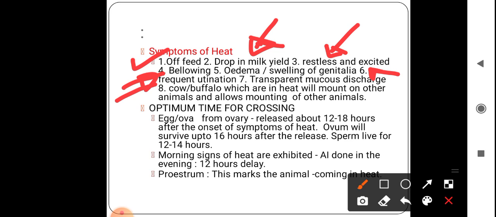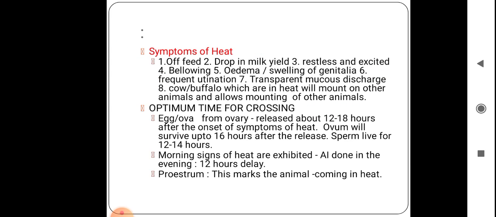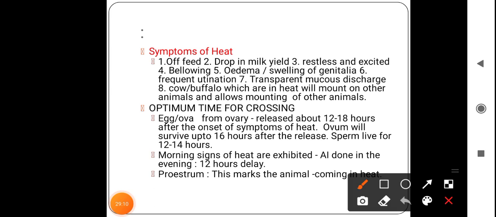Cows and buffalo in heat will mount other animals and allow mounting by other animals. These are a few important symptoms of heat.